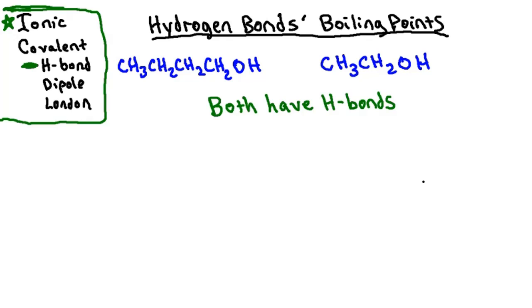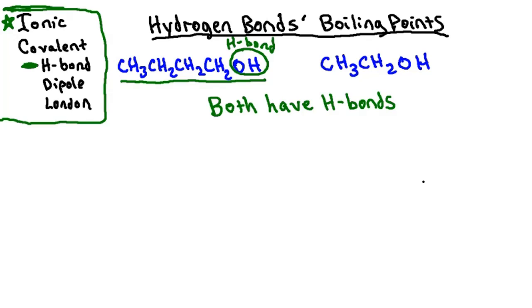What if we are comparing 2 different molecules and they both have hydrogen bonds in them? How would we know which one has the higher boiling point? So for an example here, we have CH3, CH2, CH2, CH2, OH. So this OH is a dead giveaway that this is going to be a hydrogen bond.